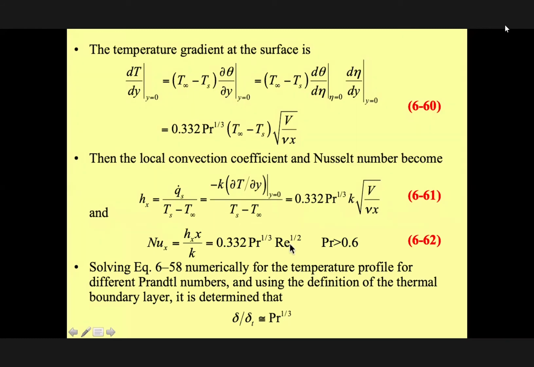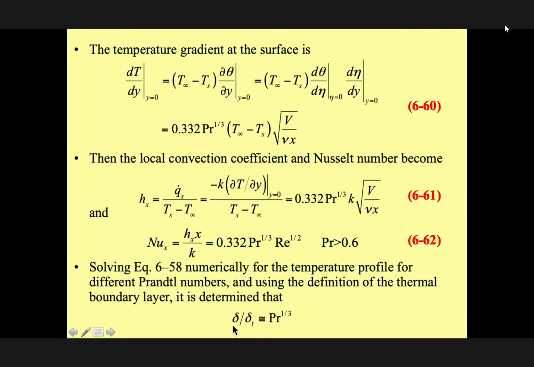Therefore, keep in mind, this expression gives you the heat transfer coefficient at the given point x here, for example at 0.6 meter, 60 centimeter. If the flow is laminar and the Prandtl number is like this, we can calculate this. And also, based on the relation that we have here, we can calculate the thickness of the thermal boundary layer.